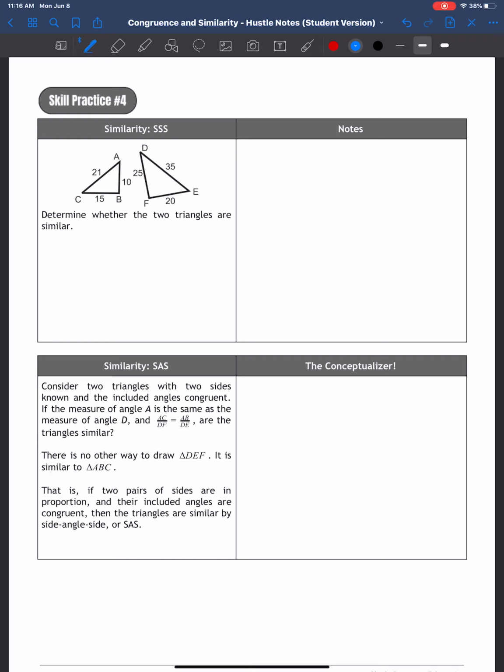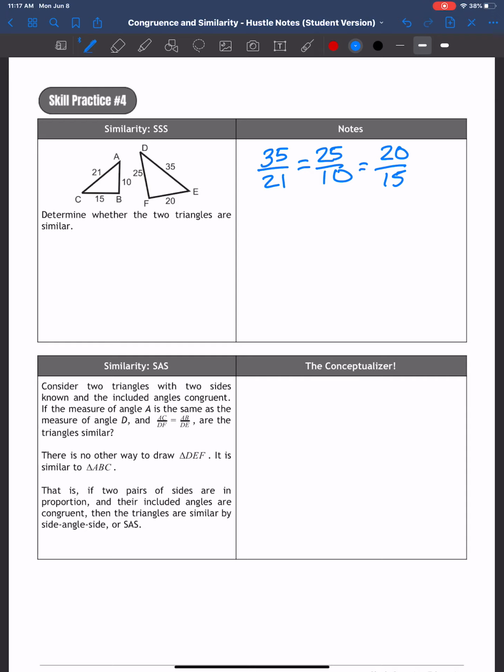We have 35 over 21. We have 25 over 10. And we have 20 over 15. You can do it either way. It doesn't matter if you put the bigger number on top or the little number, whatever's easiest for you.